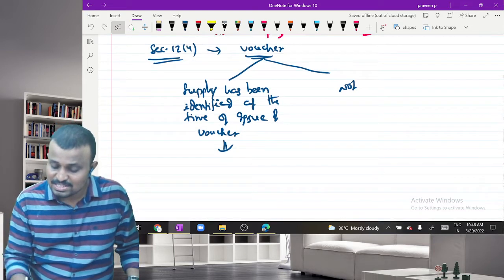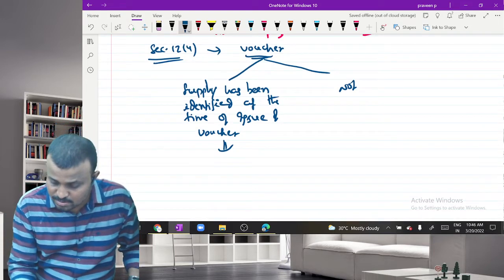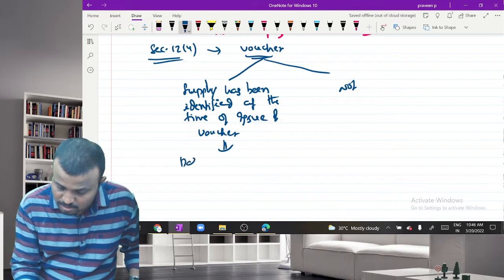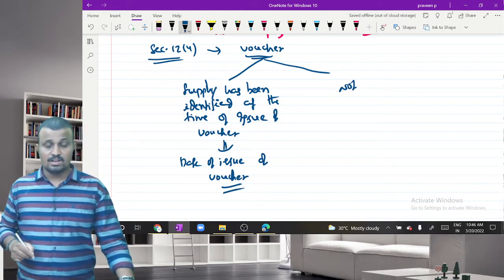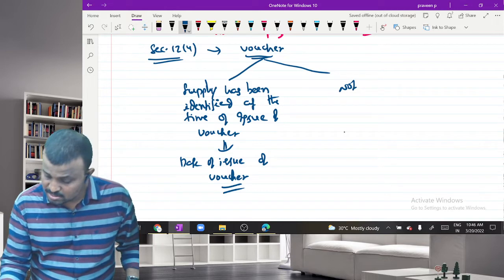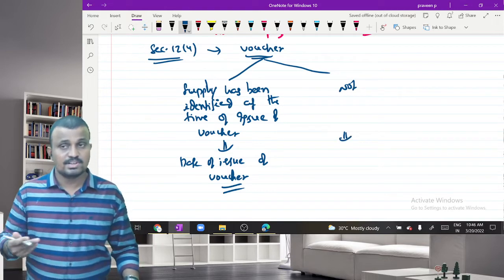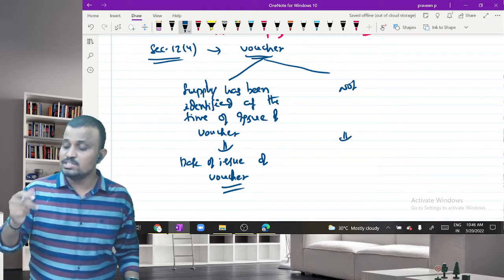In that case, what is the time of supply? The time of supply is the date of issue of voucher. But for example, coming to Trends showrooms, they issue coupons.